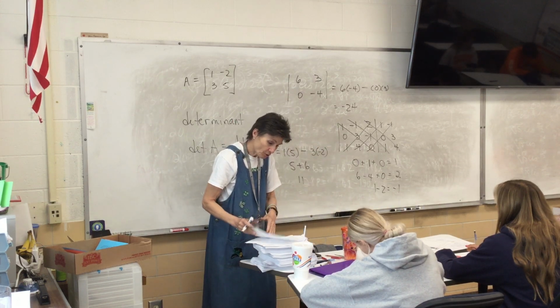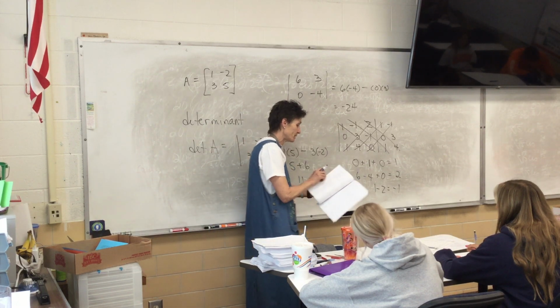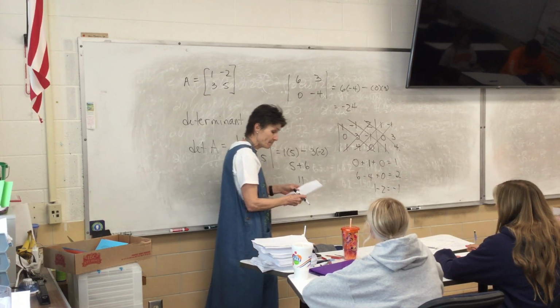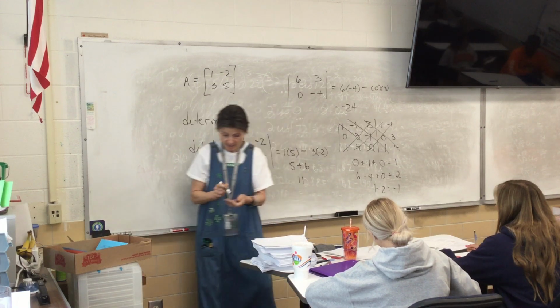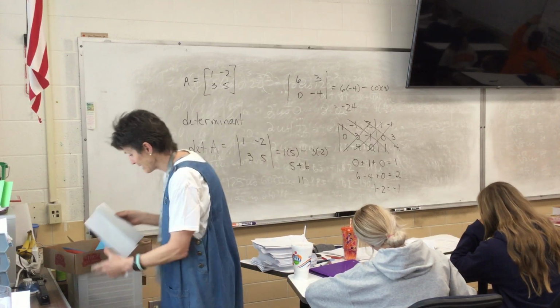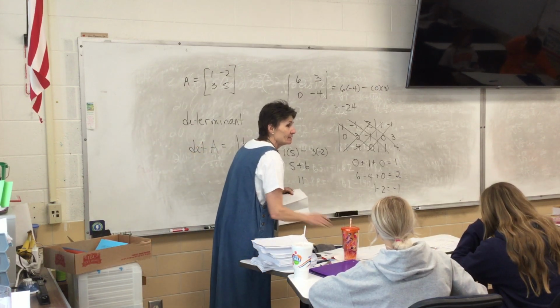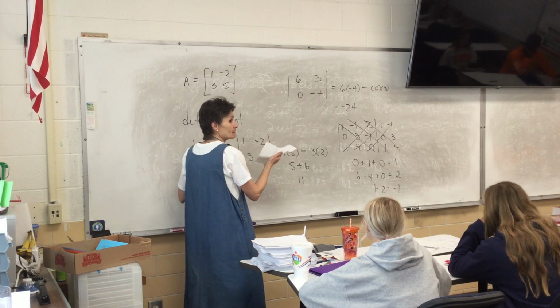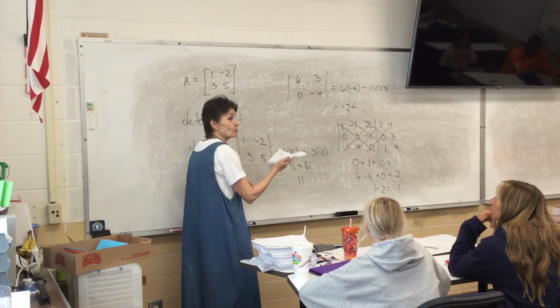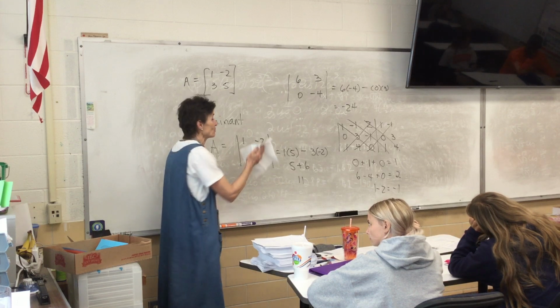All right, let's see, determinant of D. Uh-oh, can't do the determinant of D. Anybody want to take a wild guess what's wrong with D that does not allow me to find its determinant? Rows and columns aren't equal, which means it's not a square matrix.